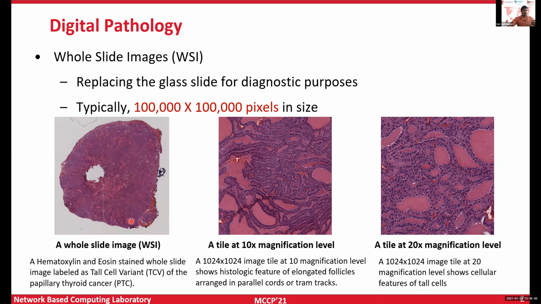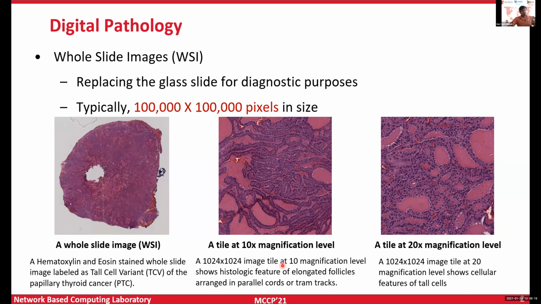It could be elongated follicles, necrosis, glands, etc. The morphological appearance of these structures is an important indicator of the presence or severity of a disease.